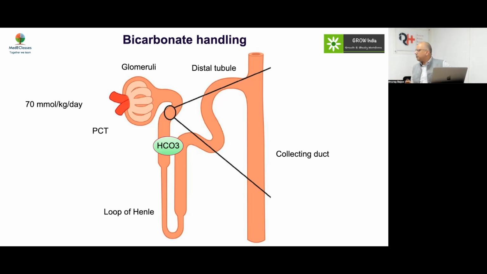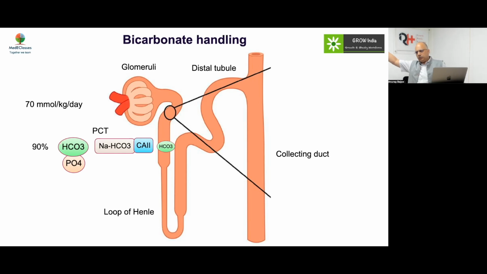Bicarbonate is absorbed using carbonic anhydrase and the sodium bicarbonate transporter, so it's like a co-transporter. It's not a very active transport except for the carbonic anhydrase. Now, 90% of bicarbonate is absorbed here, and around 10% will be absorbed in the distal tubule.